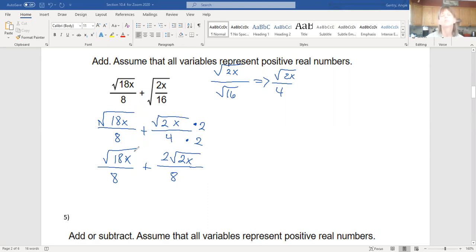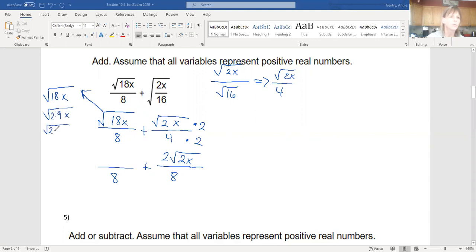Now, I should have gone ahead and worked the square root of 18x, just a second. Oh, terrible today. Let's simplify this because we can. Square root of 18x, square root of 18 is 2 times 9.